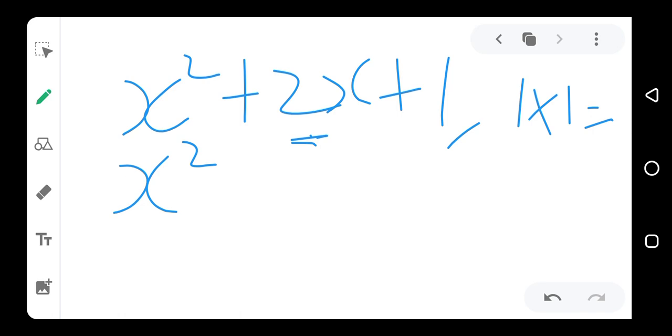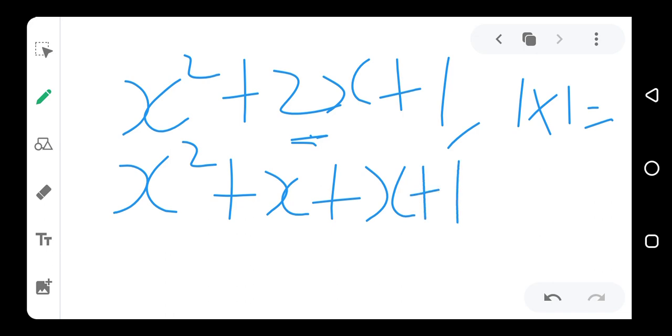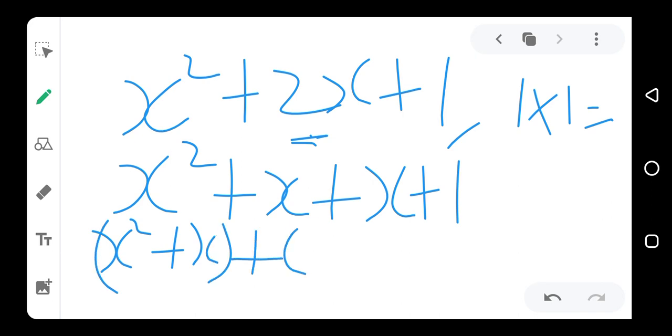So we use the 1x now to replace the 2x. So that becomes x squared plus x plus x plus 1, which gives us x squared plus x in brackets, plus x plus 1.